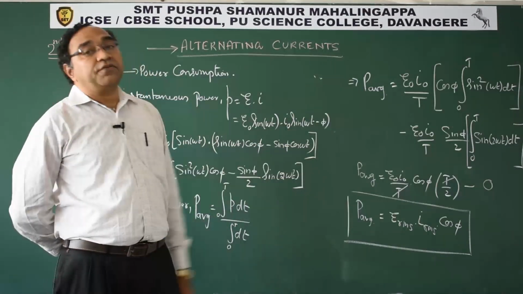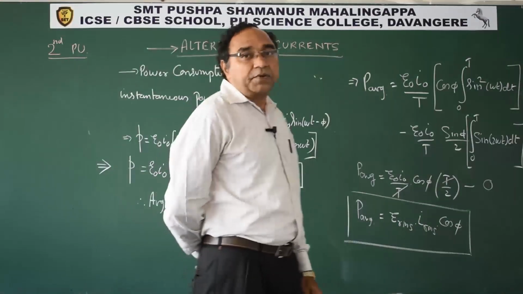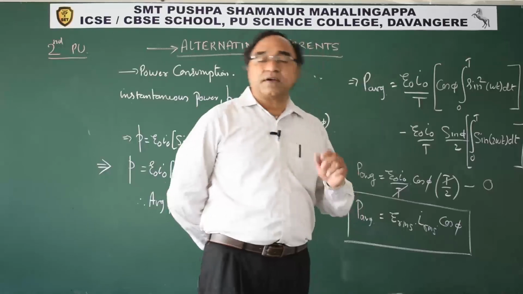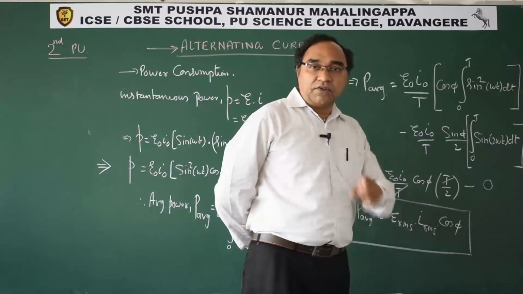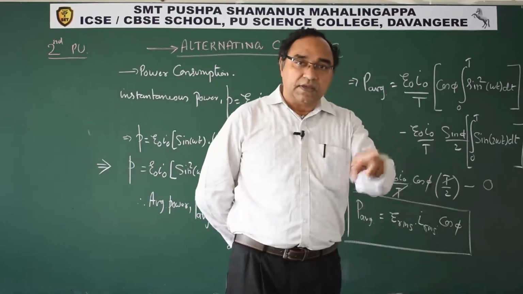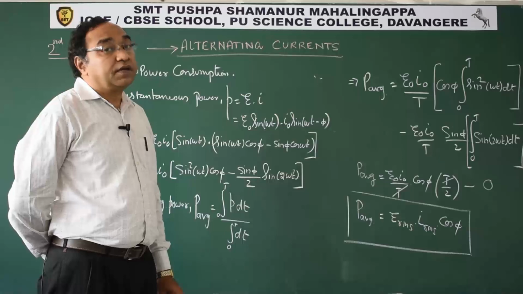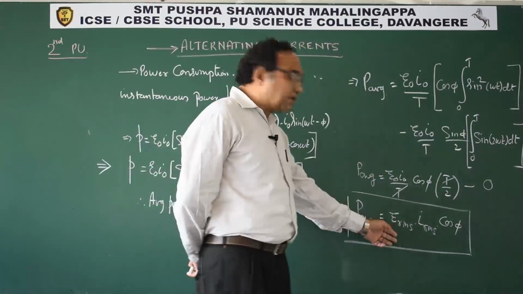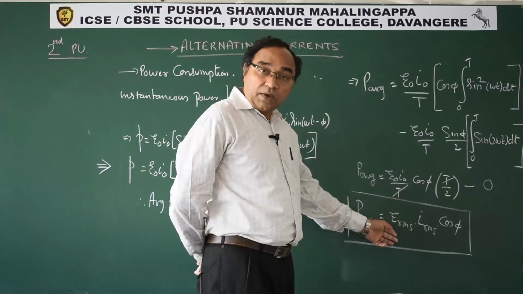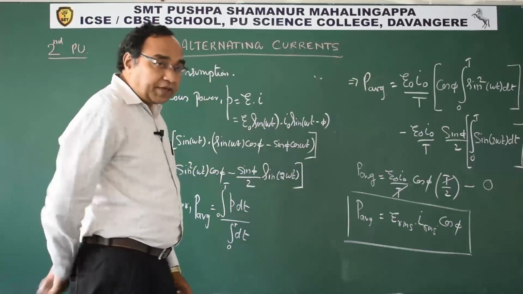Take the L only circuit. In an L only circuit, the phase difference between applied voltage and current was 90 degrees. Cos 90 is how much? 0. So average power is 0. Perfect. In the L only circuit also we derived that power consumption is 0. So we can conclude that this equation is perfectly valid. So what is cos phi?